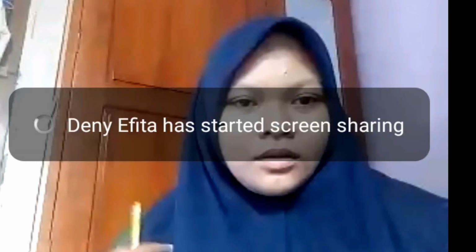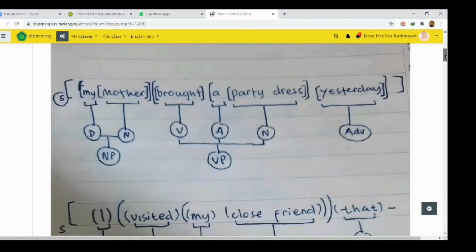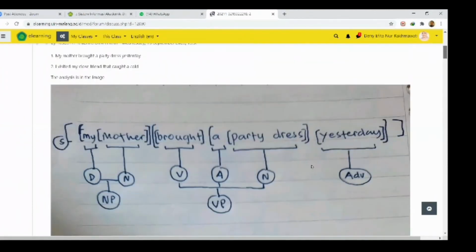When it is a noun phrase, you can substitute with a pronoun.